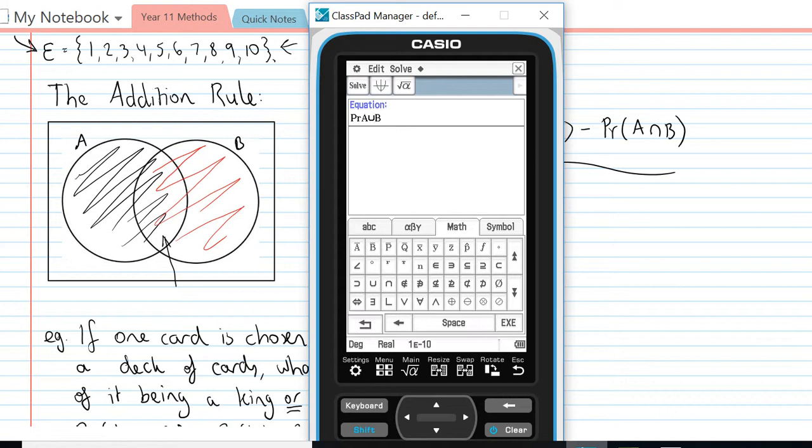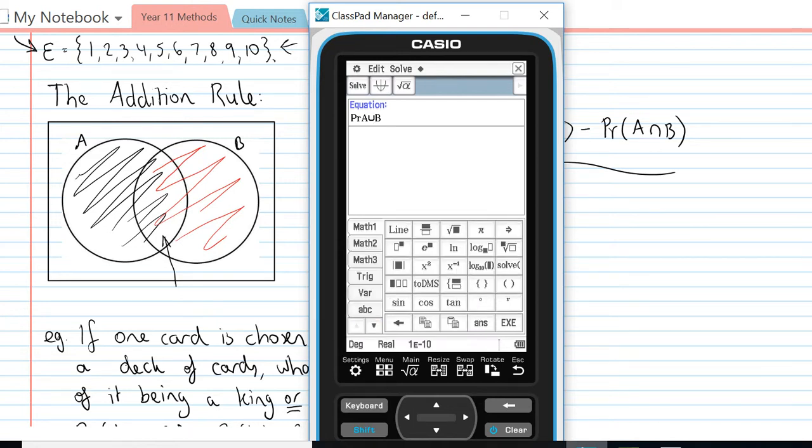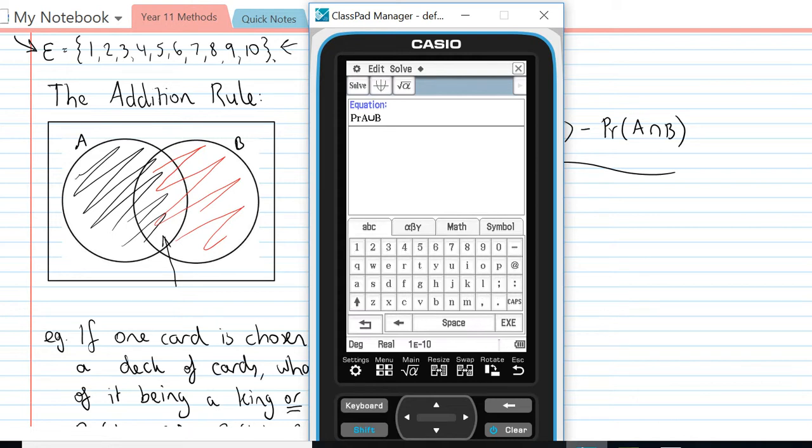And then uppercase B, which you get by going back to the keyboard. Sorry, it's just under ABC. Obviously you can make your uppercases by clicking that button there. And that's equal to the probability of A plus the probability of B minus the probability of A intersection B. So again, go back to math, and there's the intersection symbol, and I'll put the B there.